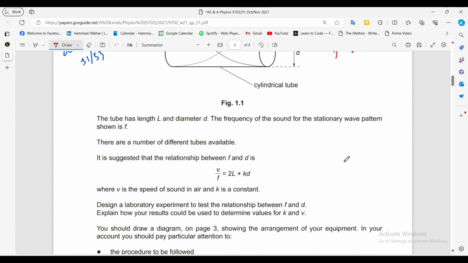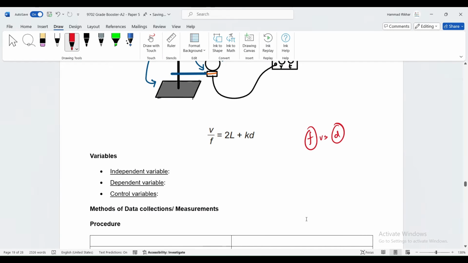Yes, F and D. So the independent variable is the diameter D of the tube. The dependent variable is the fundamental frequency F. And the control variables, everything else will be controlled.